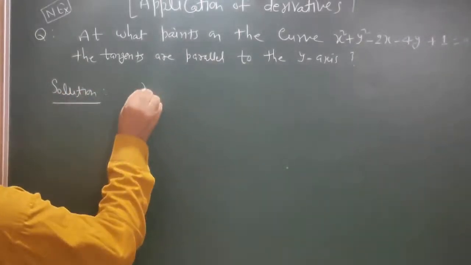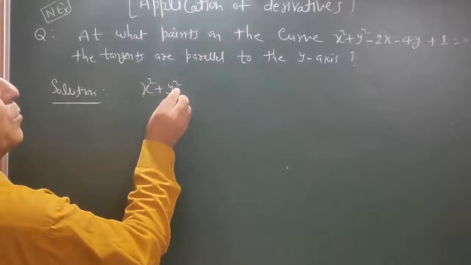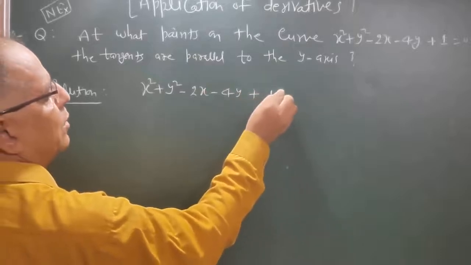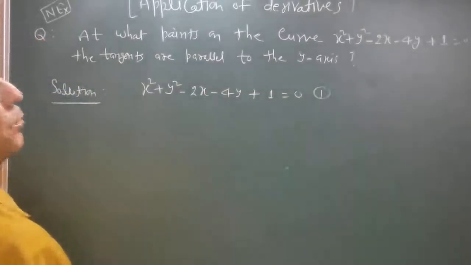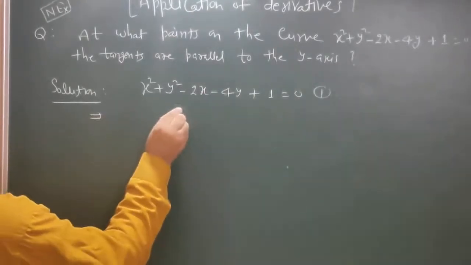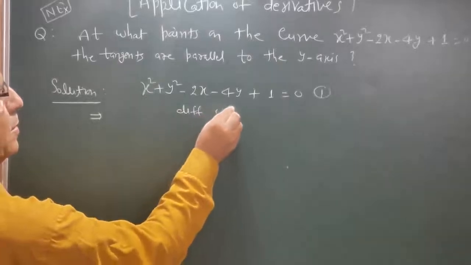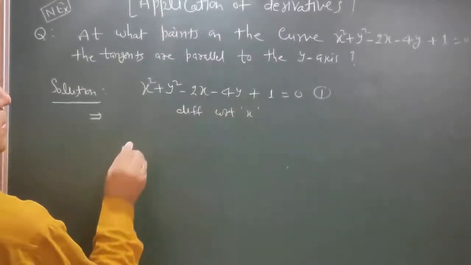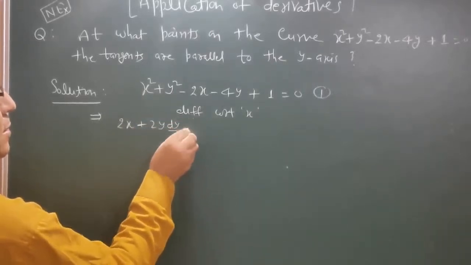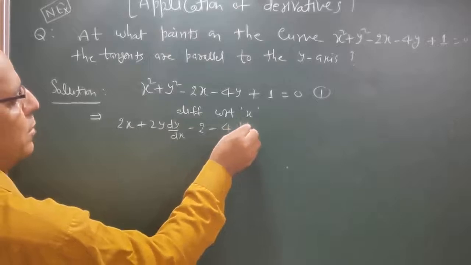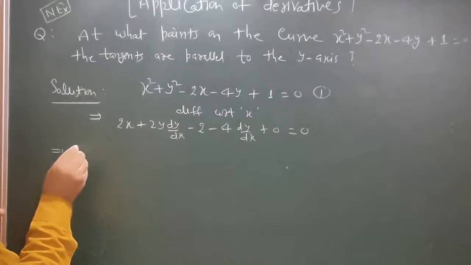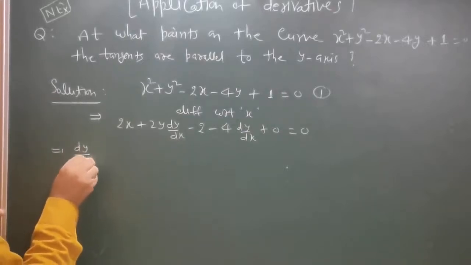The equation of the given curve is x² + y² - 2x - 4y + 1 = 0. First we want to find the derivative of y with respect to x. So now differentiate with respect to x: 2x + 2y dy/dx - 2 - 4 dy/dx + 0 = 0. Now take dy/dx common from the left hand side.